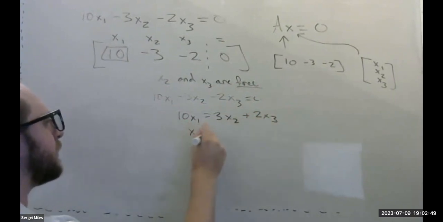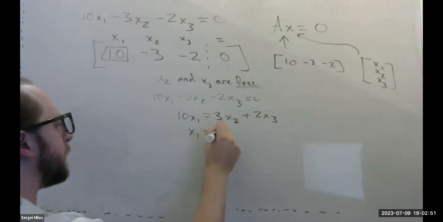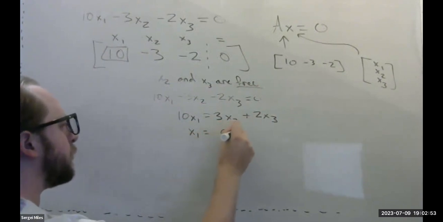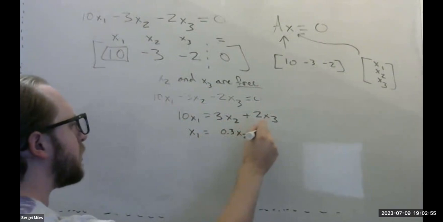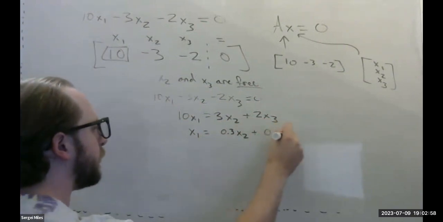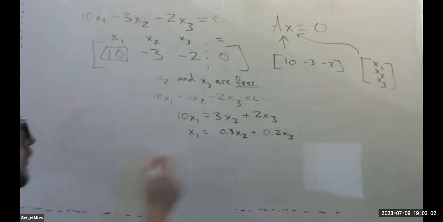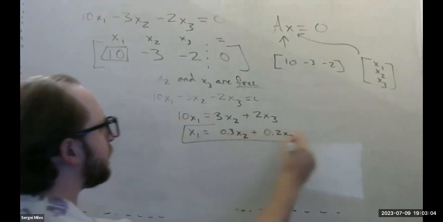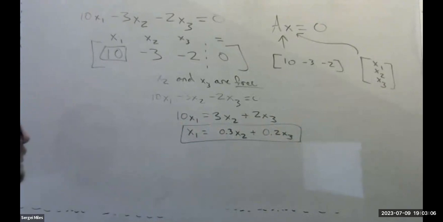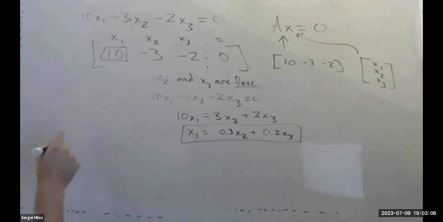Divide by 10, and we get, I'm going to write them as decimals, 0.3 x2 plus 0.2 x3, and we're done. In other words, I solved for my pivot. X2 and X3 are free. So what is my general solution?